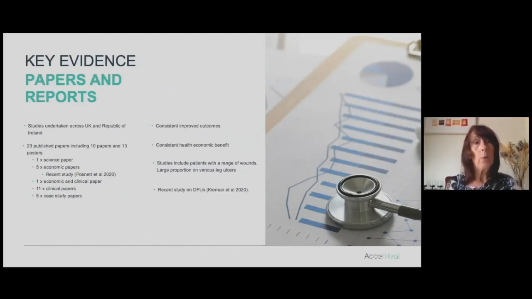One of the economic papers was a recent study by Posner et al., and this has been accepted for poster presentation at UMA this year. And this discusses analysis of an RCT using Accel-Heal versus a placebo for 100 patients with VLUs.